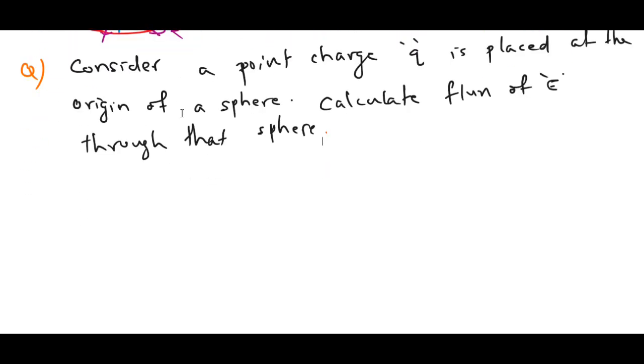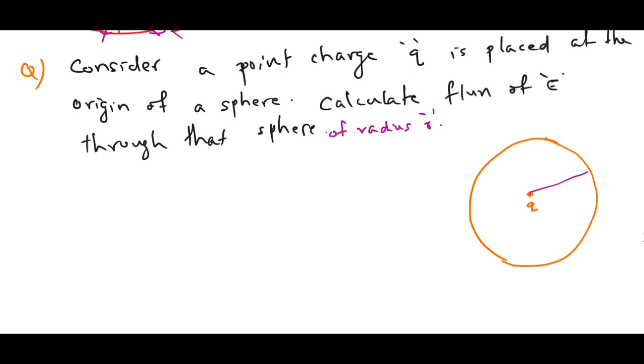What does it mean? That is, at the center of the sphere, a charge q is kept. Then we need to find the flux through the sphere, and that sphere of radius r is also given. We need to find the flux through the sphere.